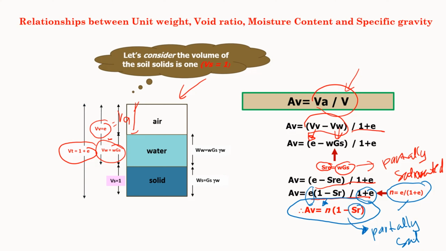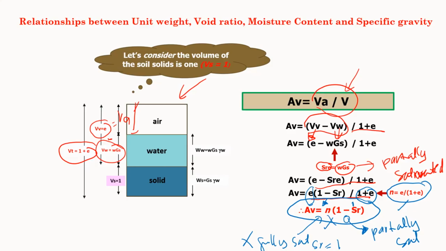But if the soil is fully saturated, this equation cannot be used. Why? Because for fully saturated soil, Sr is equal to 1, so 1 minus 1 becomes 0 here, and you cannot use the equation.